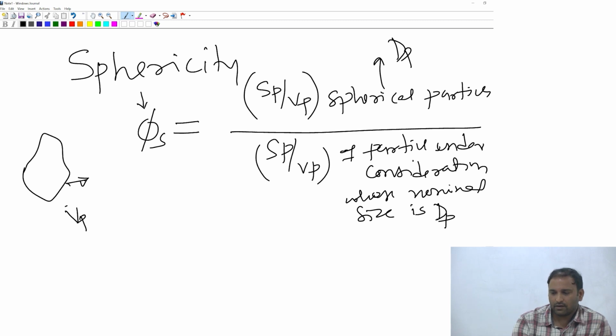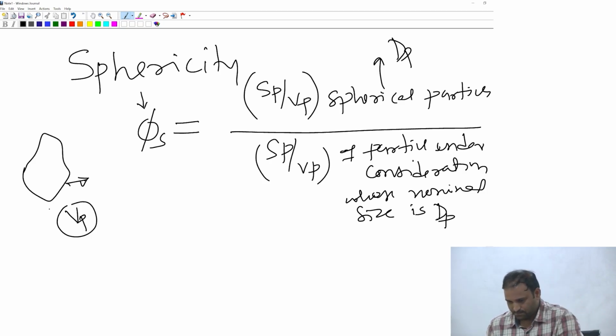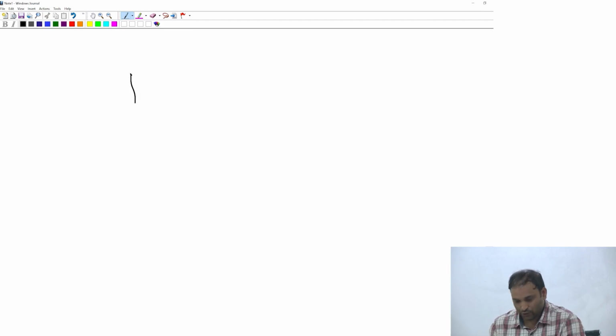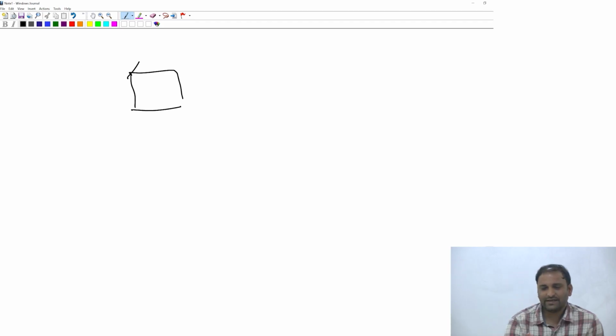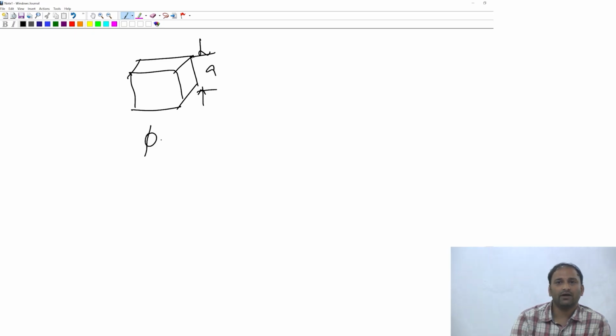say that the volume of the particle under consideration, right. Let us do an example and I will come back. Let us say that I have a cube, and say that the dimension of the cube is a. I would like to find what is the phi s for this cube.